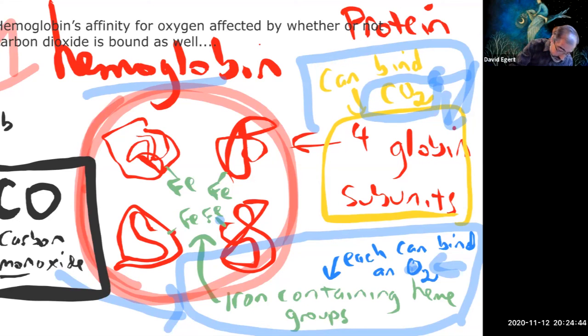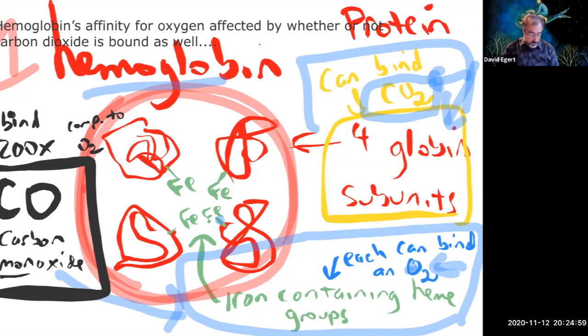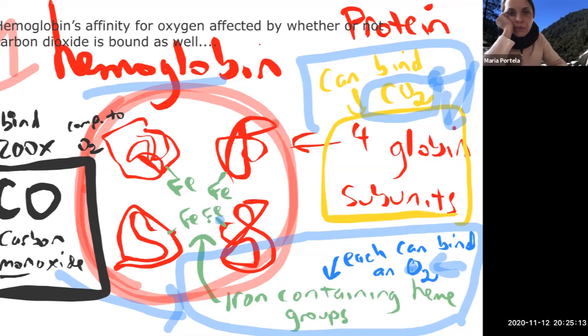This binds with 200 times the affinity of oxygen. So why is it a bad idea to fall asleep in your car with your garage closed with your engine idling? You will die from carbon monoxide poisoning because it will bind to hemoglobin instead of the oxygen.